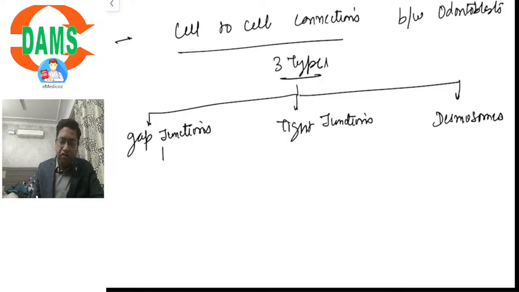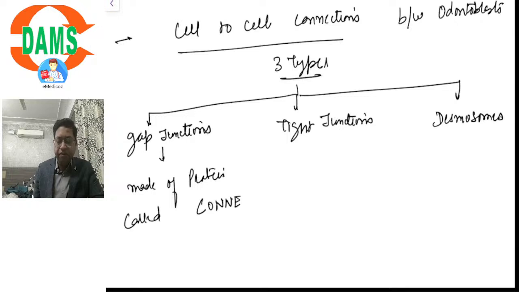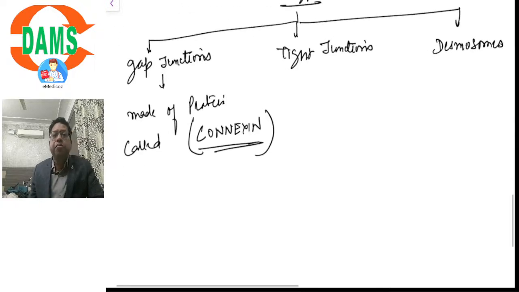These gap junctions are made of a protein called connexin. They are made up of protein called connexins.